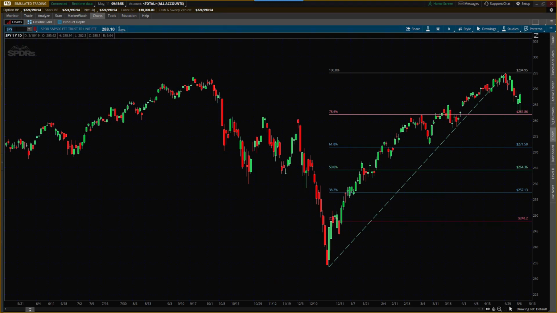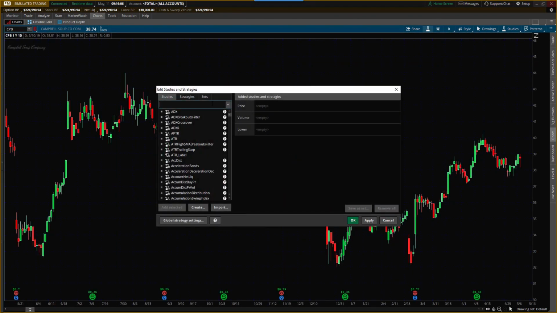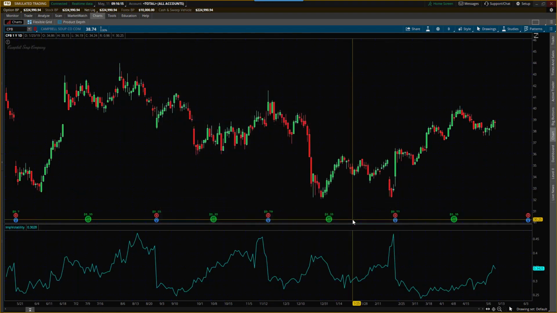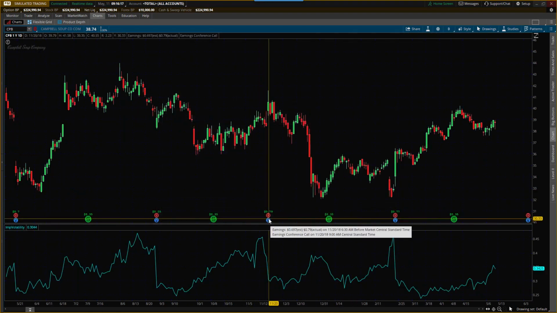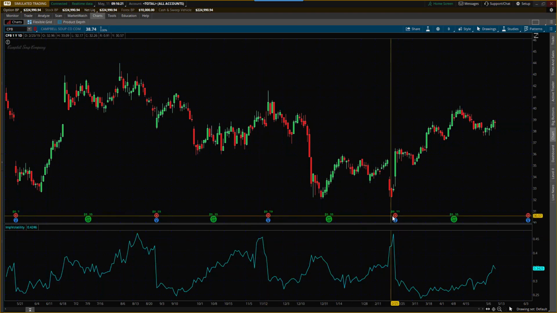So when you look at a product that's going to have earnings, we'll go to Campbell's Soup for an example. Any product that you're looking to trade for earnings, you would want to go and look at its implied volatility historically. What has happened after every single earnings announcement for what you're wanting to trade?